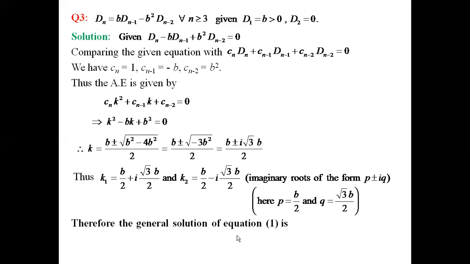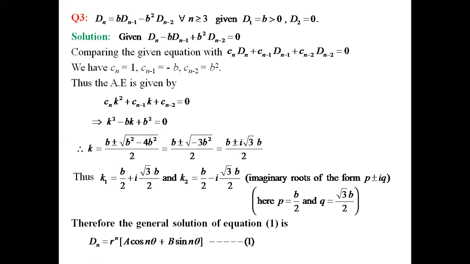Therefore, the general solution of equation 1 based on the nature of the roots, that is the imaginary roots, we can write it down as dn equal to r power n into capital A cos n theta plus capital B sin n theta. We need to find out r and theta and substitute into equation 1.